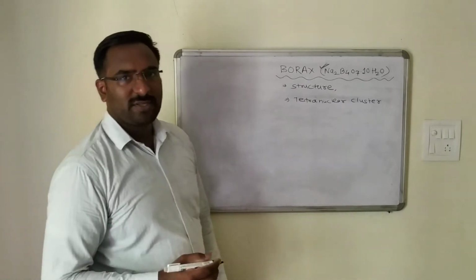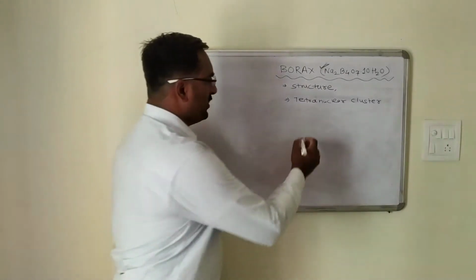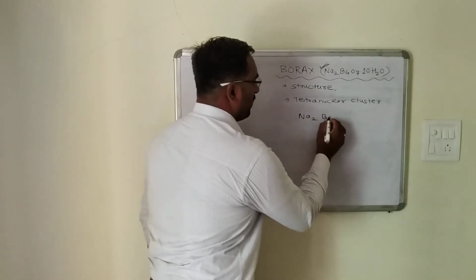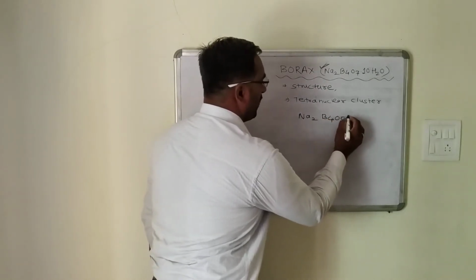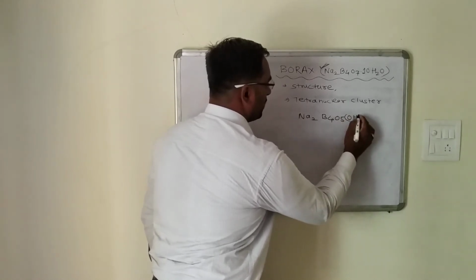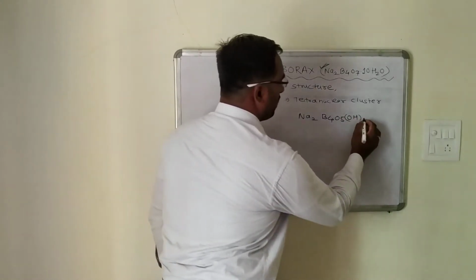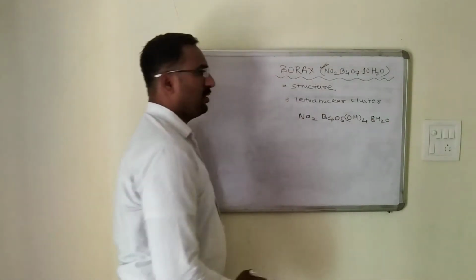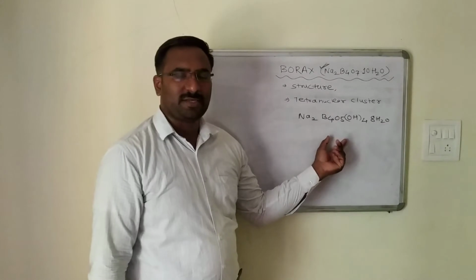And the formula for this tetranuclear cluster is Na2[B4O5(OH)4]·8H2O. So this is the tetranuclear cluster of borax.